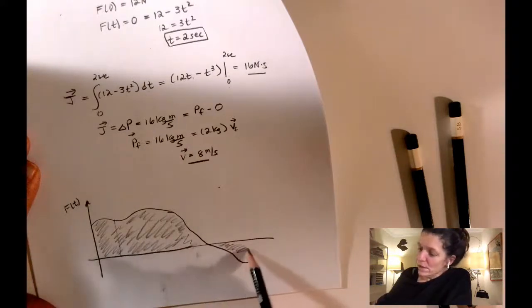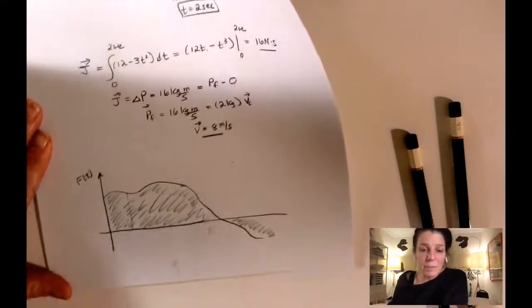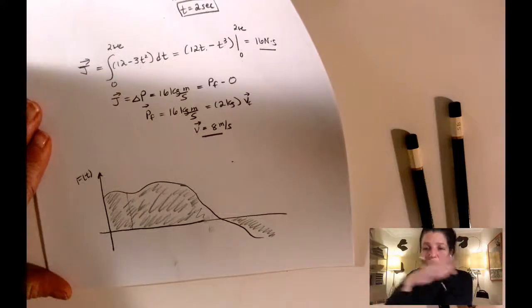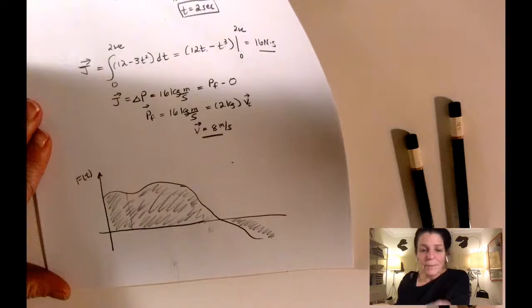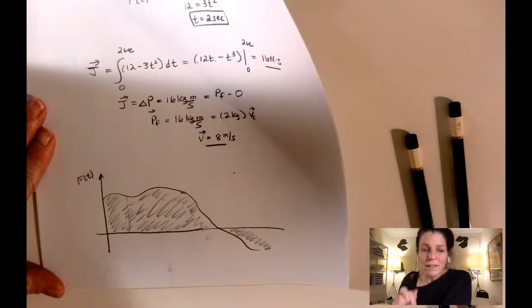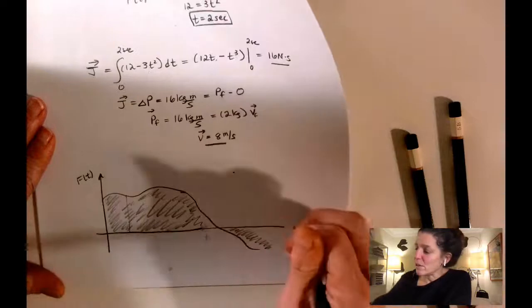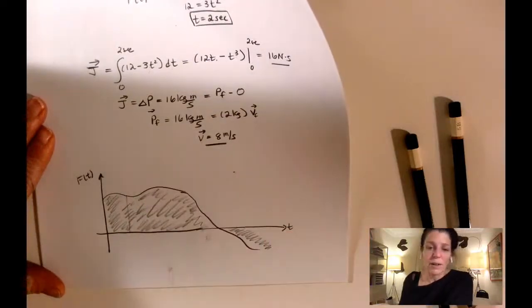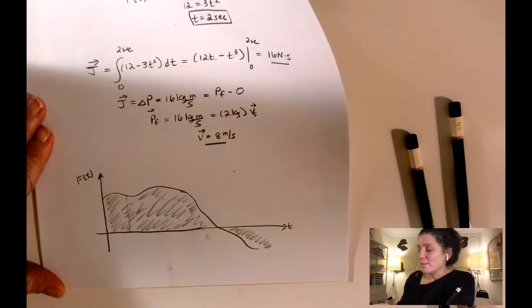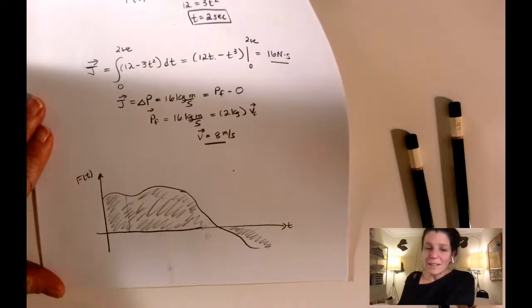This portion over here, when you calculate the integral, would be negative impulse. It would be a negative force undoing what the positive part did. You would just calculate it, subtract. And so that's what you're really doing when you're calculating impulse. You're calculating the area under a force versus time graph, just like work was an area under a force versus displacement graph. So this is helpful because sometimes you don't need calculus at all.